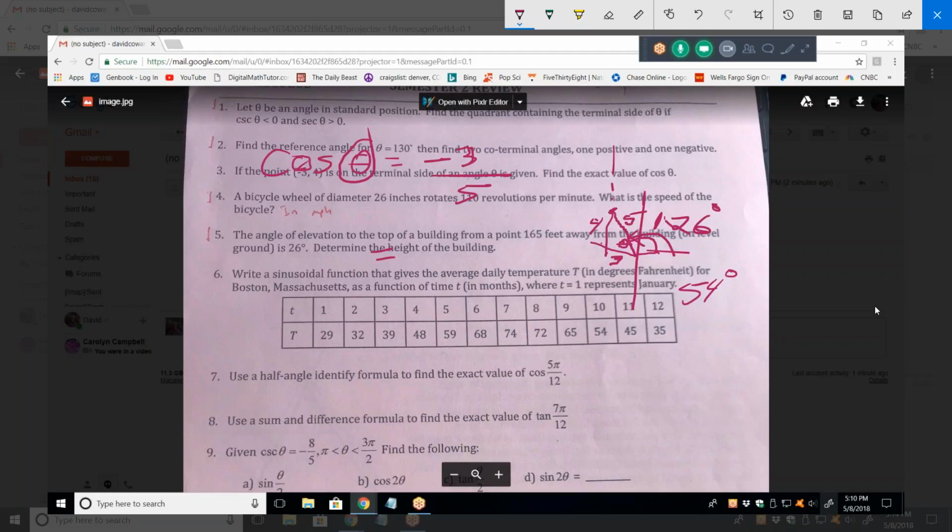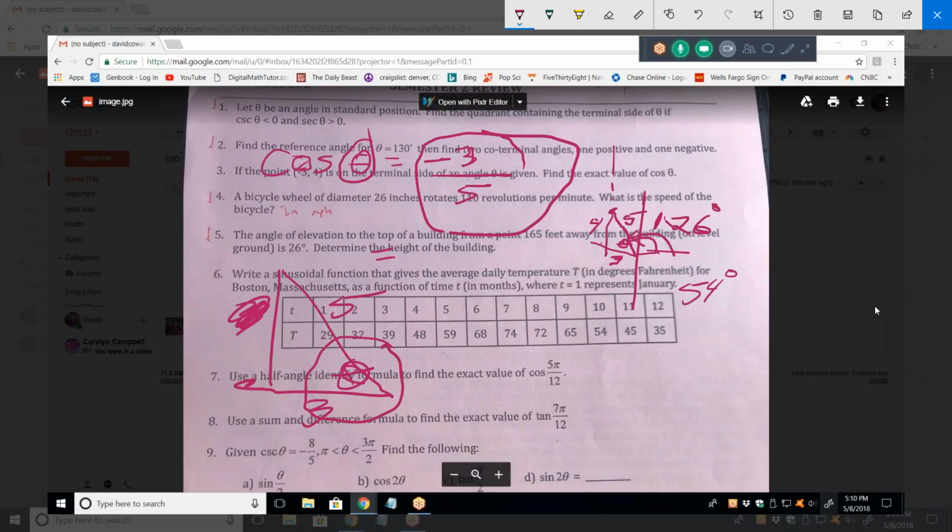If I was just looking at a 3, 4, 5 triangle and I wanted to know this angle, I would just take the inverse cosine of 3/5. That would give me that angle. Now, when I do the inverse cosine of negative 3/5, it gives me the supplementary angle of 126 degrees.